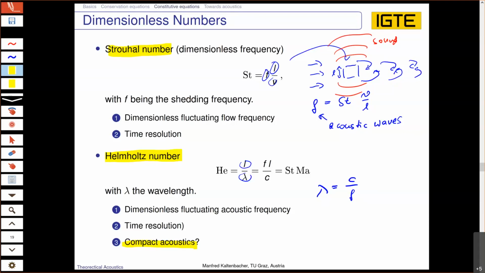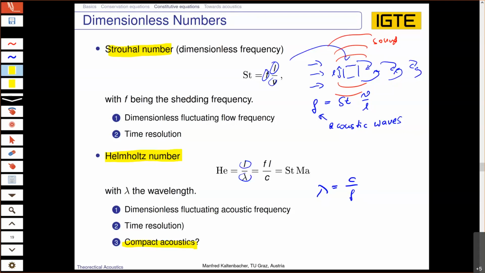So you have small vortical structures, and they generate waves with large wavelengths, and that would be typically at low Mach numbers. But we will discuss this further.